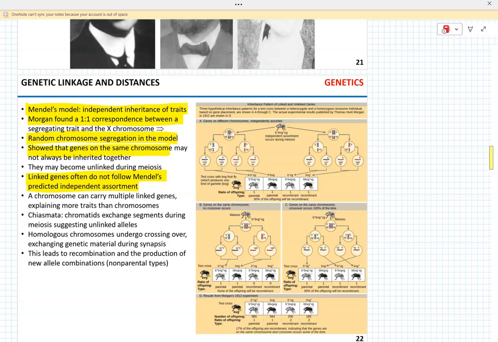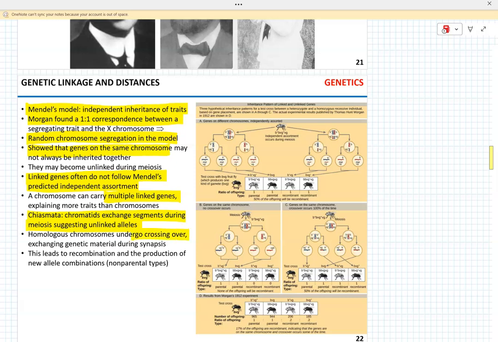Now, the number of traits is much more than the number of chromosomes, which can be explained by multiple linkages between the genes. Now, you may remember that during meiosis, chiasmata are formed along the chromosomes when two non-sister chromatids exchange segments. When the segments are exchanged, the alleles that are located in the segments that are exchanged become unlinked from the rest of the alleles.